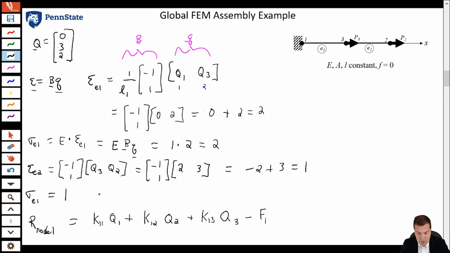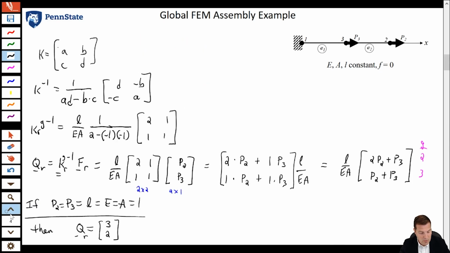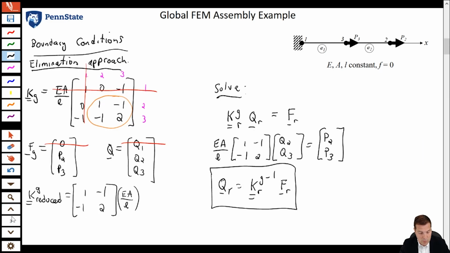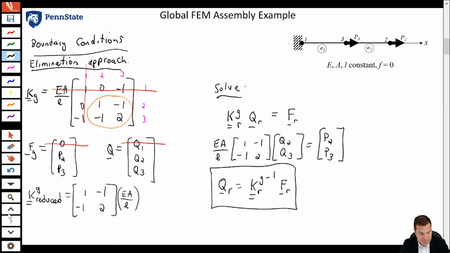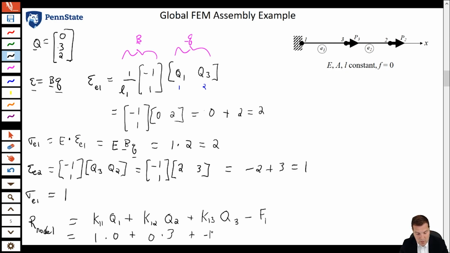So if we write this, we're going to get 1 times 0 plus K12, which is 0, times 3, and K13, negative 1, times 2, and then minus 0, and that's going to give us negative 2.